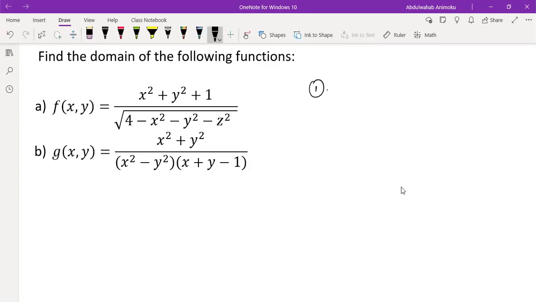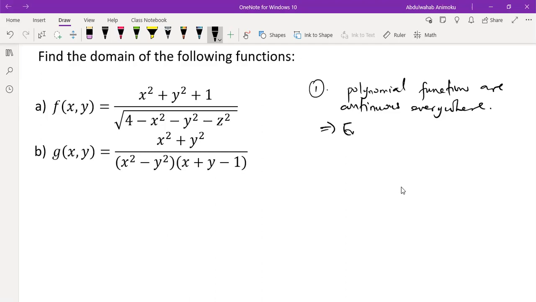The first truth that you have to know is that all polynomial functions are continuous everywhere. And what this means is that we can evaluate polynomials anywhere, at any point, right?